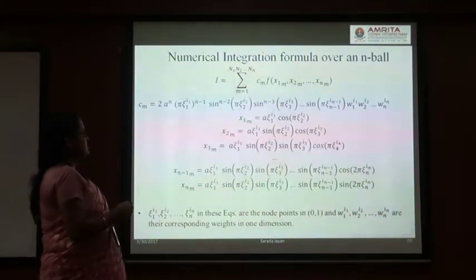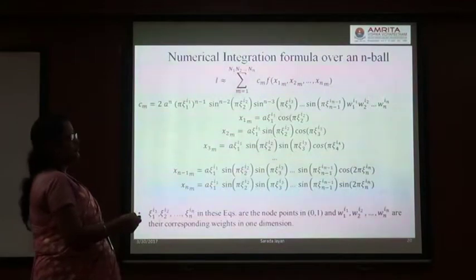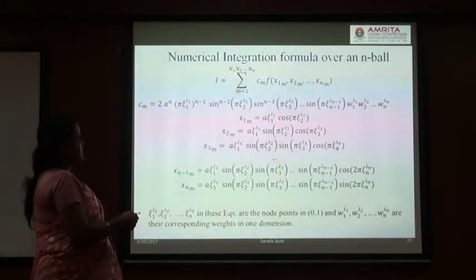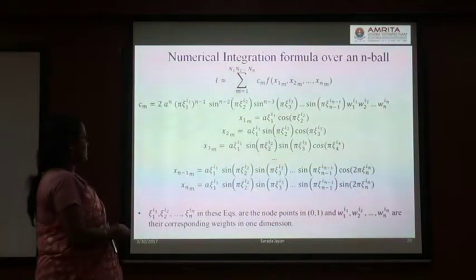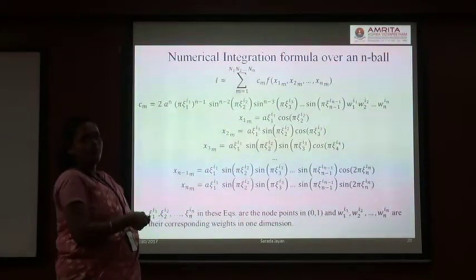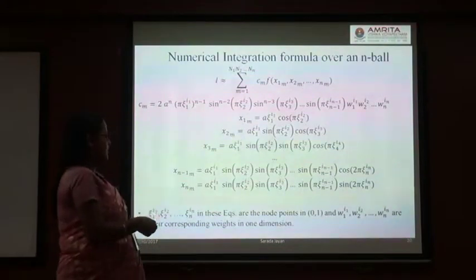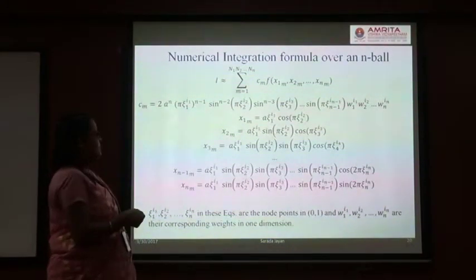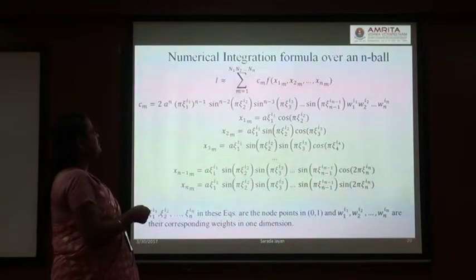The integral is summation Cm f of x1m, x2m, etc., xnm. All these sets of points x1m, x2m, x3m, etc., xnm, when you calculate finally, will give you the node points which will be used for integration, and for the corresponding points the weight value is given by the Cm.